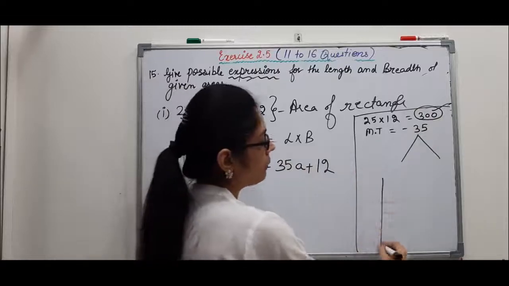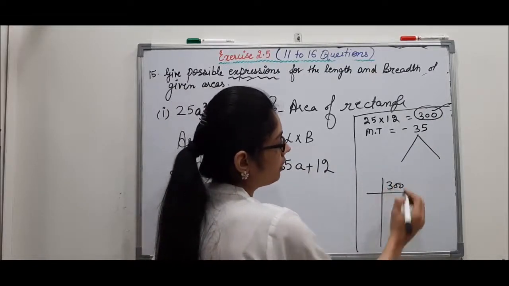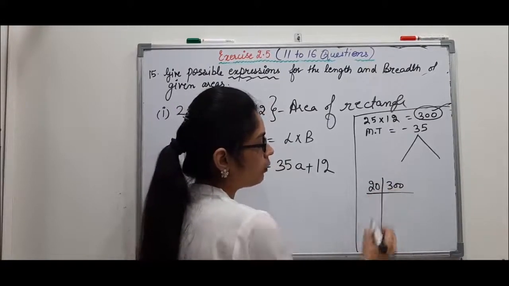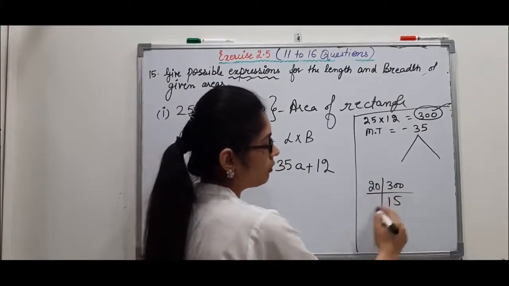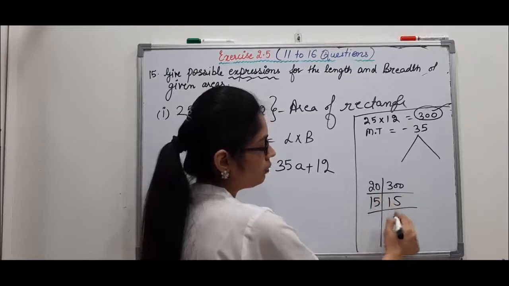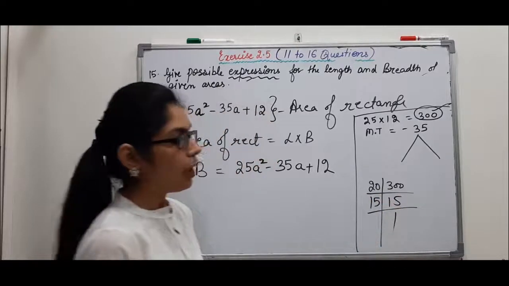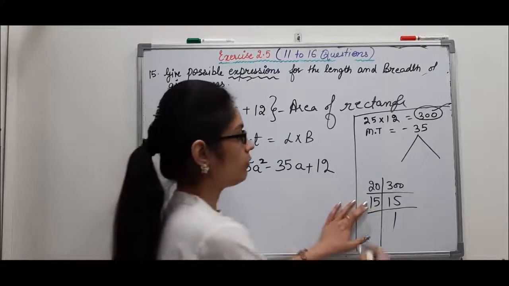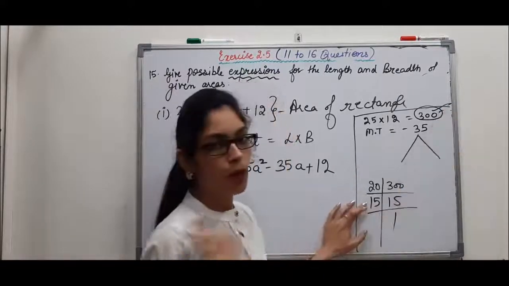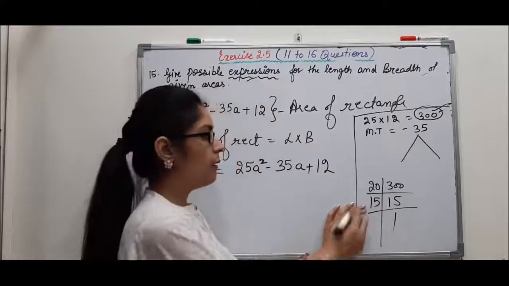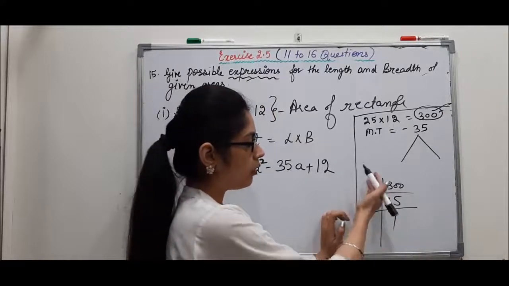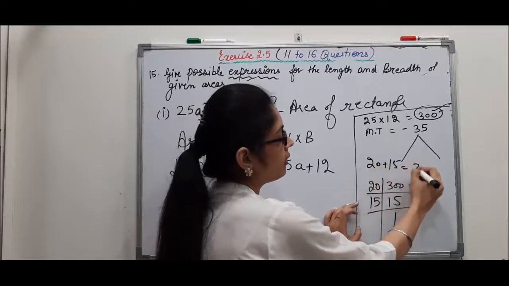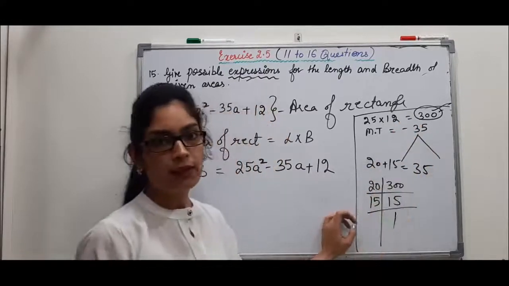Before that you can make the factors if you want. 300 is a big number, so we can try with 20. 20 into 15 we know is 300, and 15 into 1 is 15. Now if we multiply 20 with 15 we get 300, so the product we are getting is 300. But on adding 20 plus 15 you get 35, and you need minus 35.